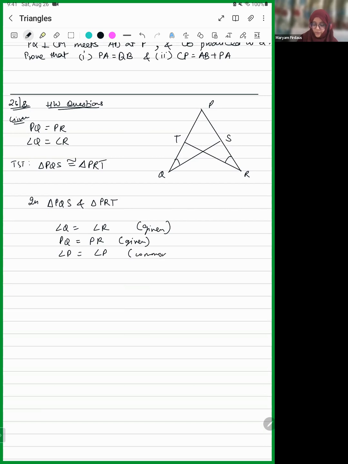Munir, are you understanding all of this? Yes, ma'am. In this triangle and triangle PRT, this triangle. So these two angles are equal and this is common. So therefore by ASA rule, they are congruent. So done. That's all we had to do.